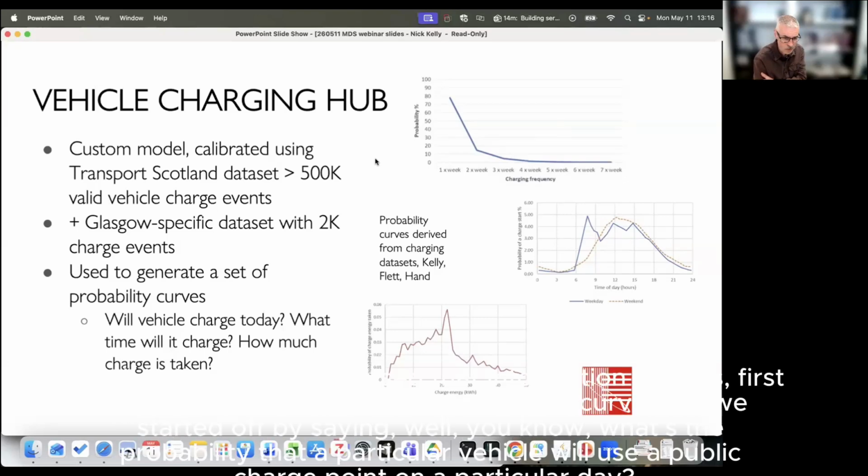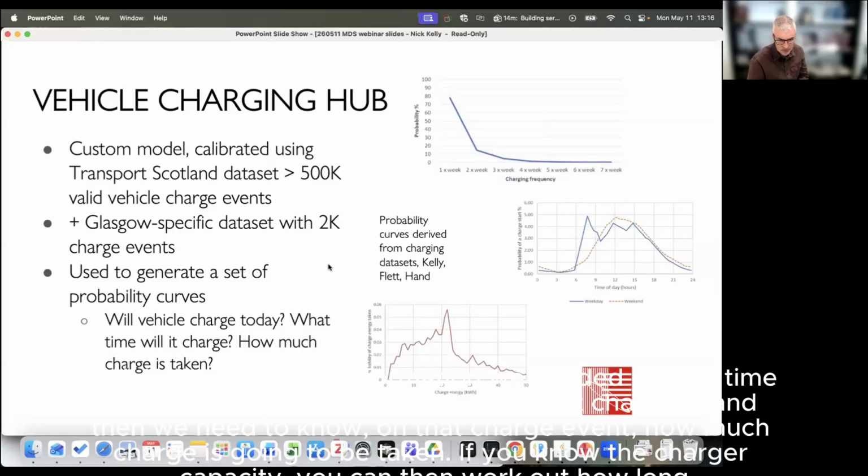So what we used that information for was first of all to generate a set of probability curves. So we started off by saying, well, what's the probability that a particular vehicle will use a public charge point on a particular day? The other information we needed is what time is that vehicle going to plug in and start charging, and then we need to know on that charge event, how much charge is going to be taken.